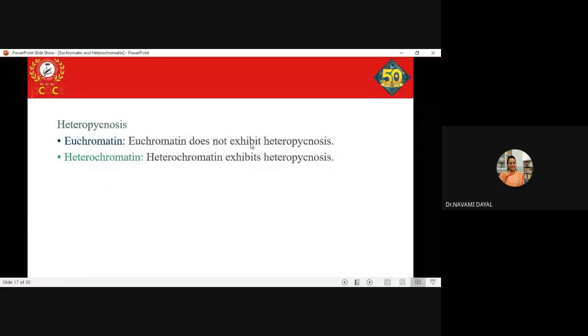Euchromatin does not exhibit heteropyknosis, in the sense it gets only slightly stained when you stain it with a particular dye, whereas heterochromatin exhibits heteropyknosis, in the sense it loves the stain, it will take up the stain more, and it will get darkly stained.